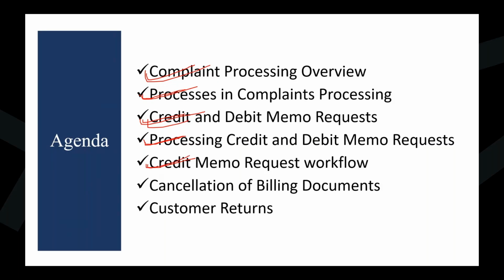Then cancellation of billing documents: how to cancel a billing document and under which scenarios it is cancelled. And then customer returns: how it happens in the system when the customer returns the material or product back to the organization. So these are the topics we will be covering in complaints processing.